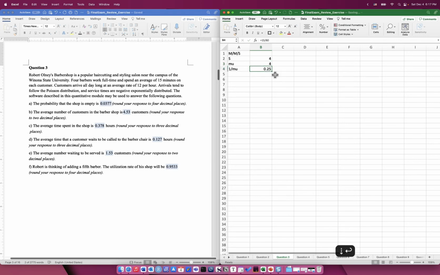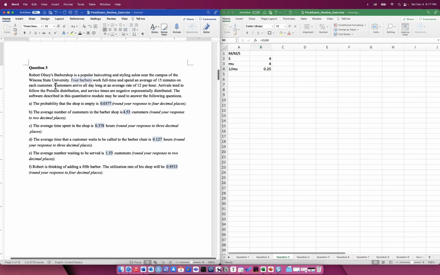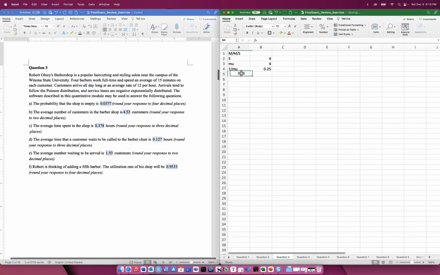Customers arrive all day long, which means you're dealing with an infinite population, an infinite demand pattern, at an average rate of 12 per hour. So your lambda is 12 per hour, and your inter-arrival time is 1 over 12.